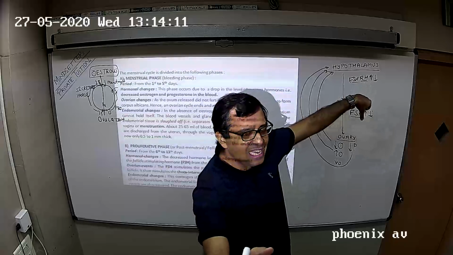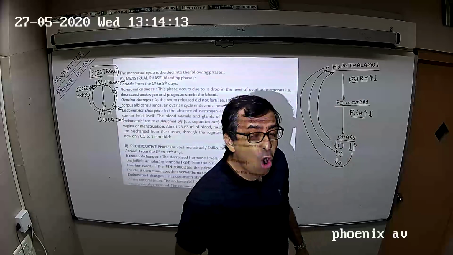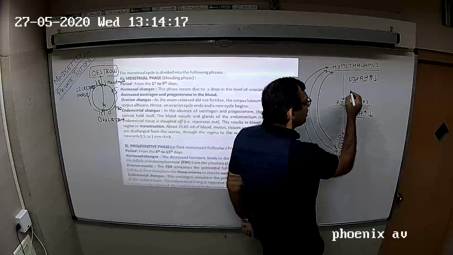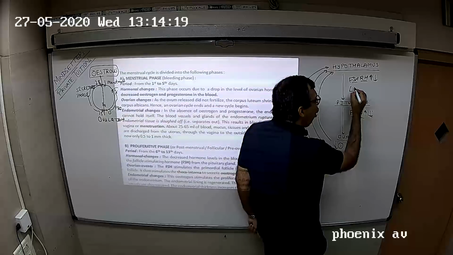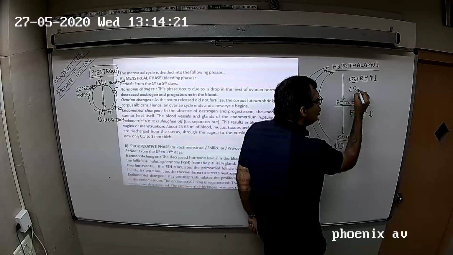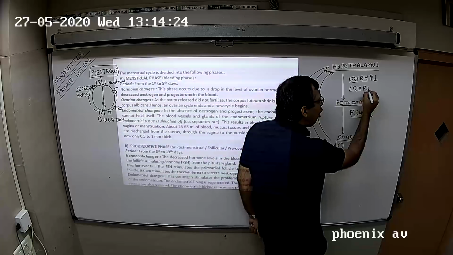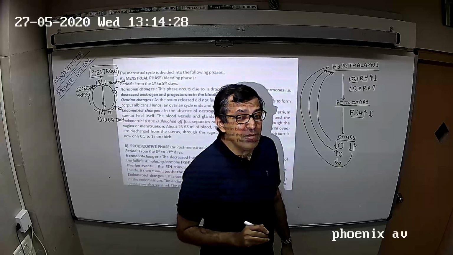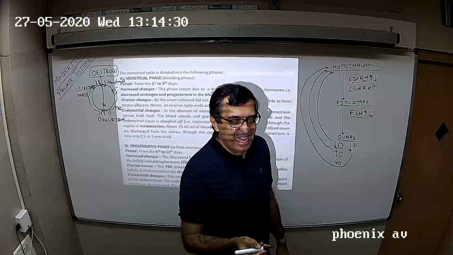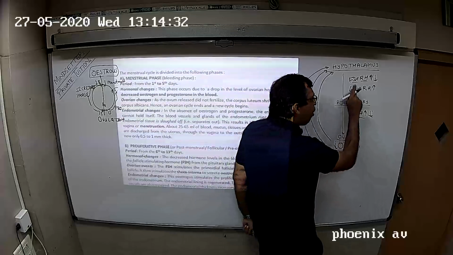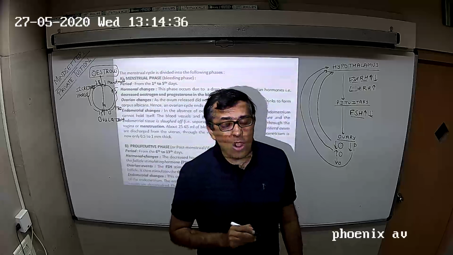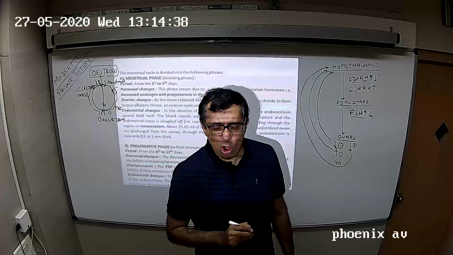Who secretes progesterone? Corpus luteum. So now the hypothalamus gives out a hormone called luteum stimulating hormone releasing hormone, which is nowadays called luteinizing hormone releasing hormone.